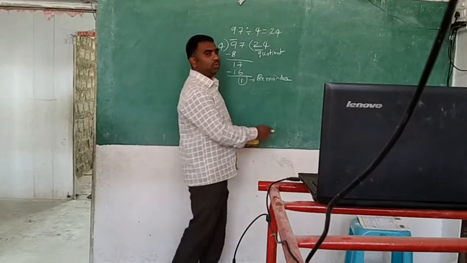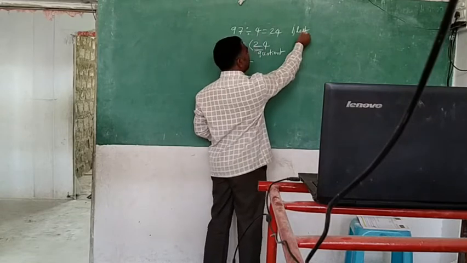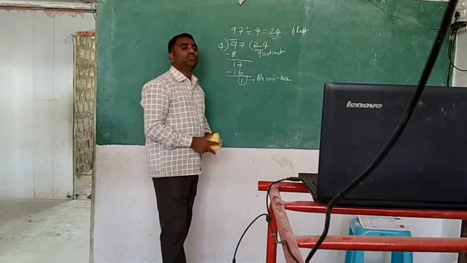Remainder means what? Left. And 1 egg left. So one number left and in each packet there will be 24. So this is the meaning of the division.